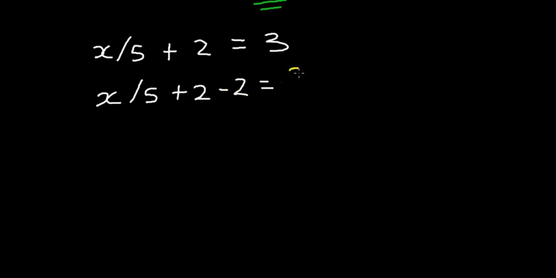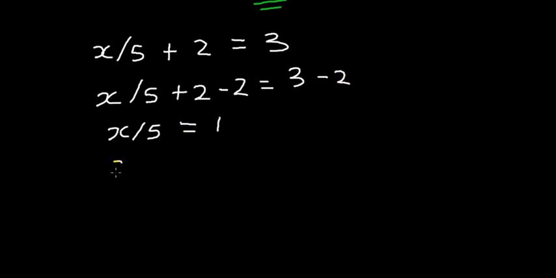And remember, whatever you do on this side, you do to the other side. So with minus 2, so x divided by 5, we have nothing left, so we bring in the equal sign. 3 minus 2 gives you 1.